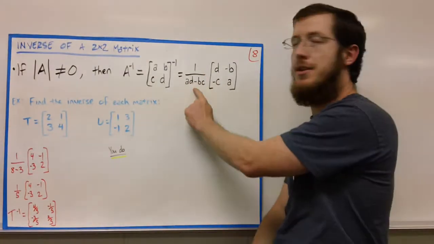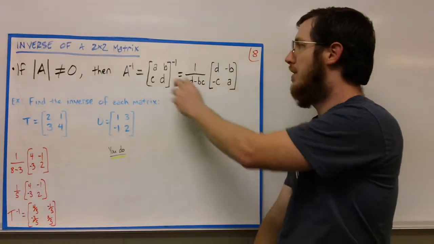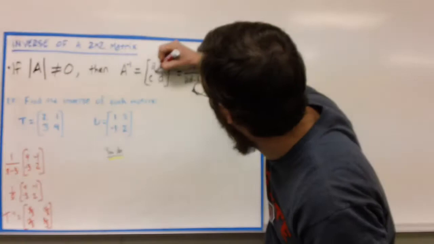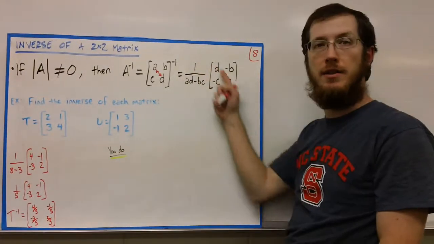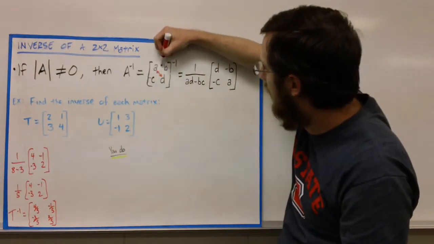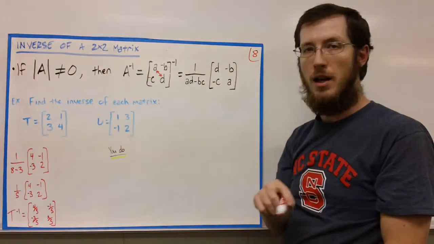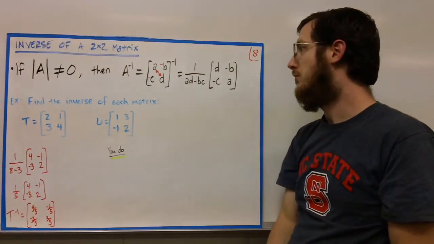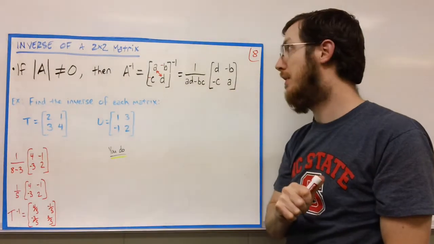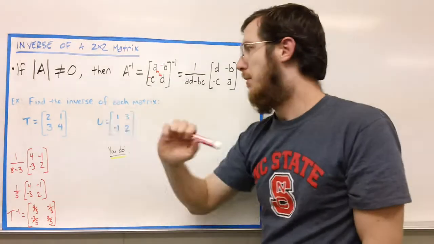So 1 over the determinant, the reciprocal of the determinant, is our scalar. With our matrix, we take our a and our d and switch places. Then we take our c and our b, and we just take the opposite of each of those. They stay in the same place. We take the opposite of the c, opposite of the b. This is going to give us the inverse of a given A matrix, as long as the determinant doesn't equal 0.